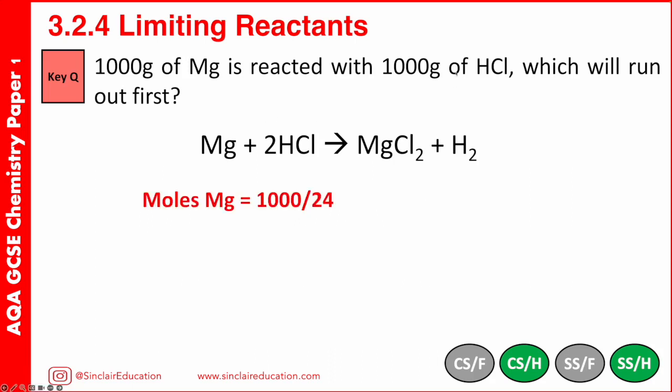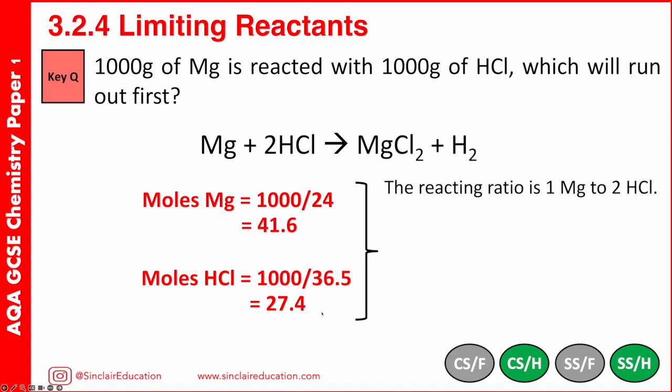So for example, if I've got 1,000 grams of magnesium, if we do moles equals mass divided by RFM, that's my mass, I've divided by its RFM, I've got 41.6 moles of magnesium. With my hydrochloric acid, here's my mass of 1,000 grams, I'll divide that by its RFM, I've got 27.4 moles of this. And it's now figuring out, do I have enough?